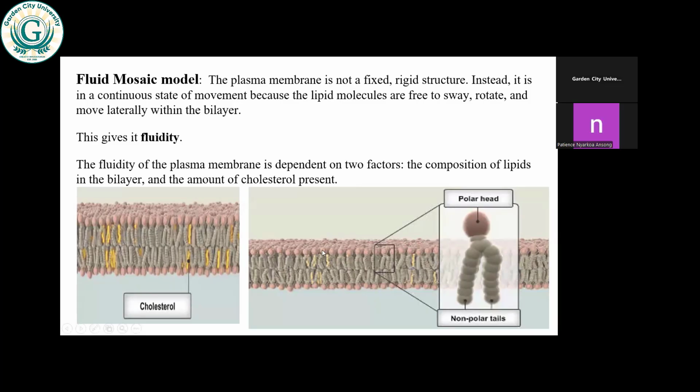Some are larger than the pores in between the phospholipids, and therefore they can't pass through easily. So if they can't pass through easily, then they need a protein, a carrier protein or a channel protein, to enable them to cross this barrier.